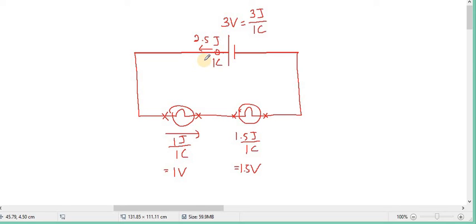So why is it like that? Why is it that the label says 3 volt, but the 1 coulomb of charge that comes out only has 2.5 joule? The reason is because inside the dry cell you have internal resistance. Very good. You have resistance inside the dry cell. This is very logical because inside the dry cell you have chemicals, electrolyte, electrode and so on.